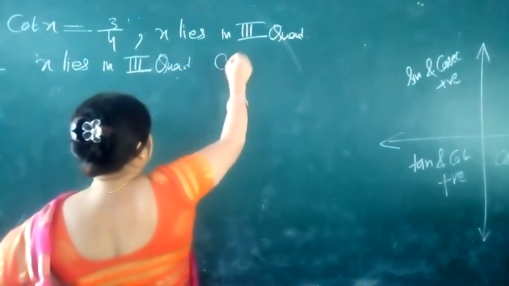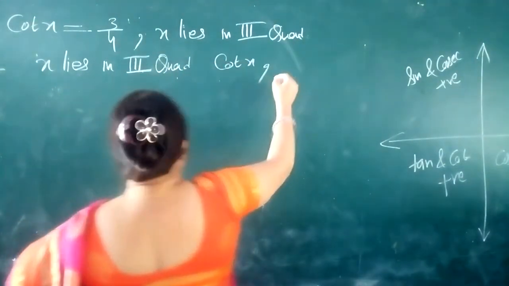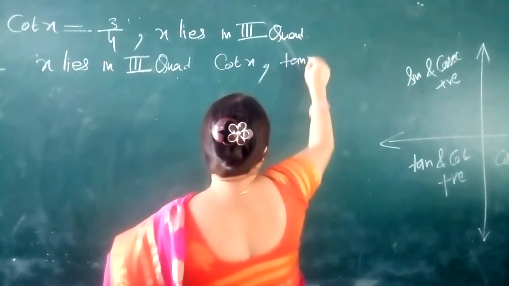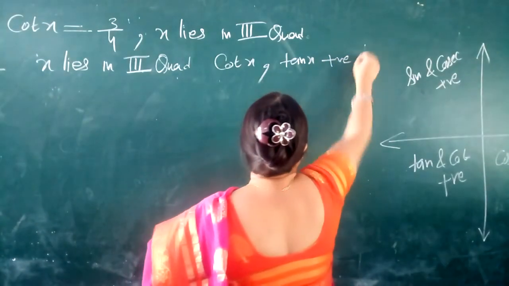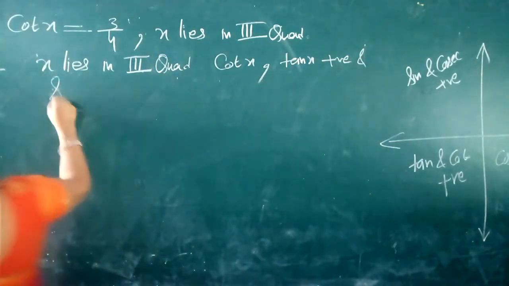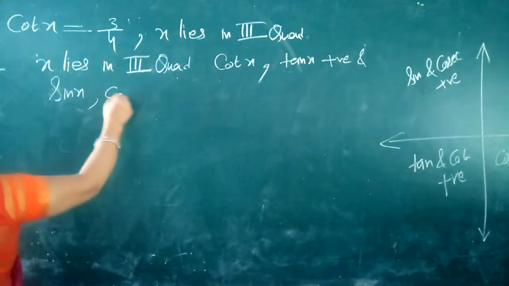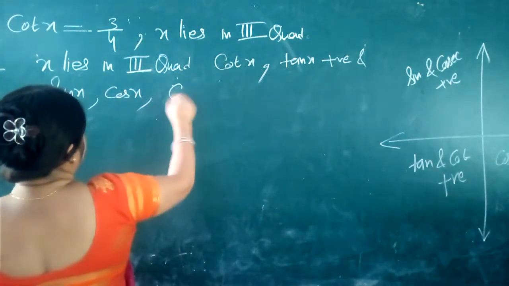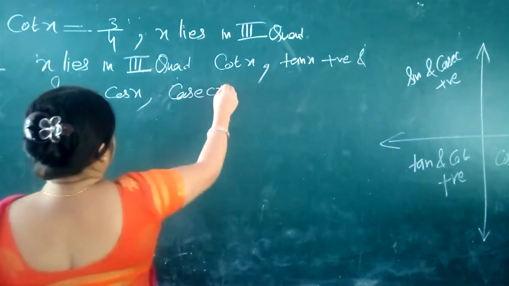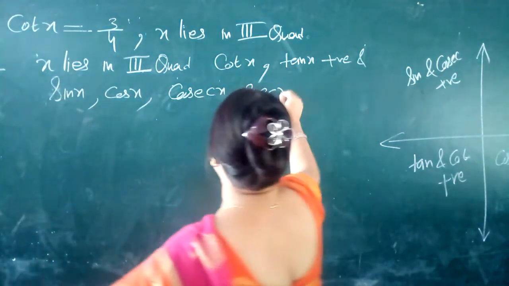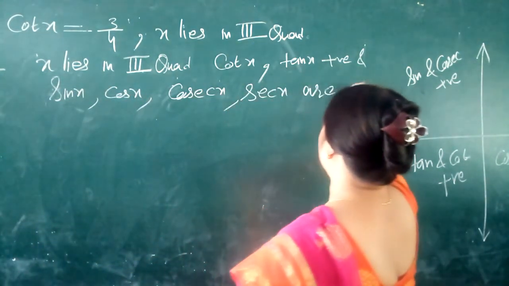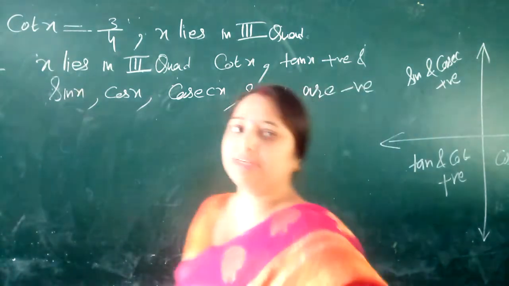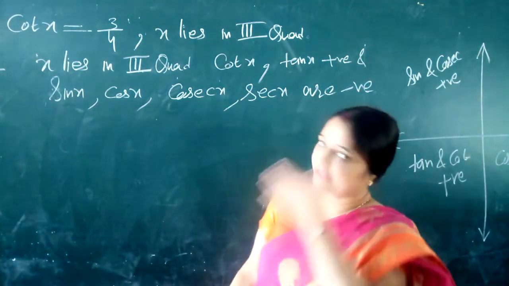Here cot x and tan x are positive, and sin x, cosec x, cos x, sec x are negative. Now here cot x is equal to minus 3 by 4.